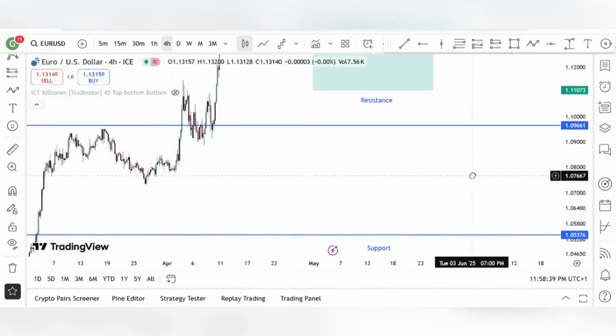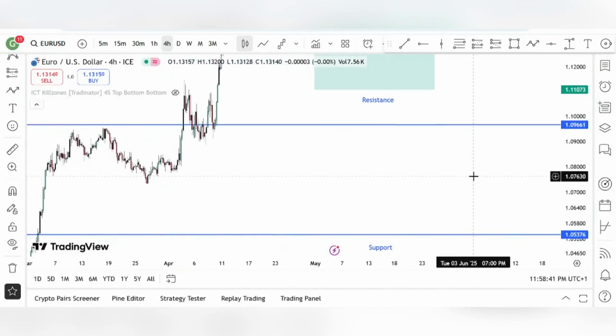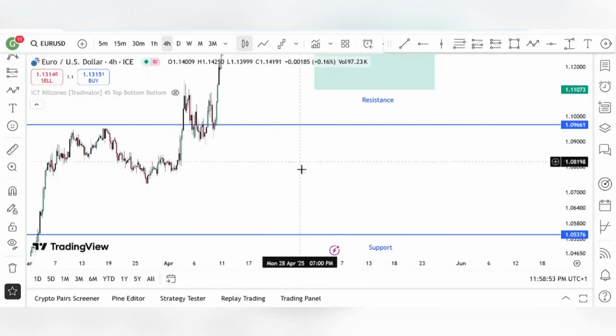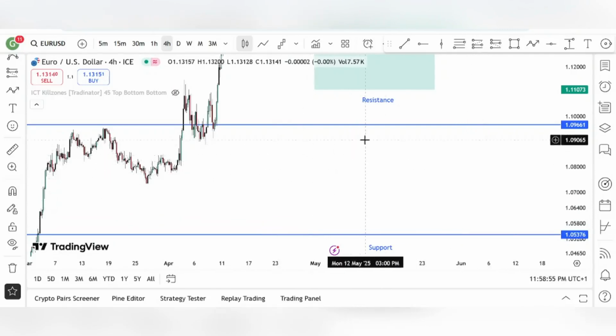So what is channel pattern? Okay, we have different types of channel pattern. We just have three different types. We have the ascending channel pattern, the descending channel pattern, and then the horizontal channel pattern. So now let me go ahead and mark this.